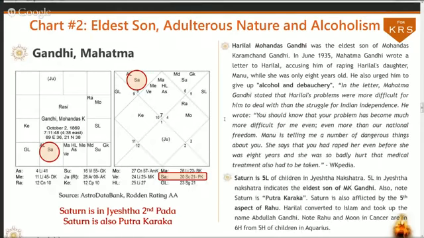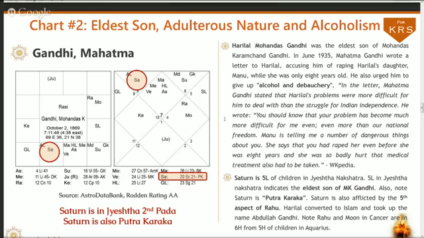Then you will see there are certain things which turn their lives topsy turvy. He was the eldest son, which is Jyeshtha. And because Rahu is aspecting it, he converted to Islam. And then alcoholism.